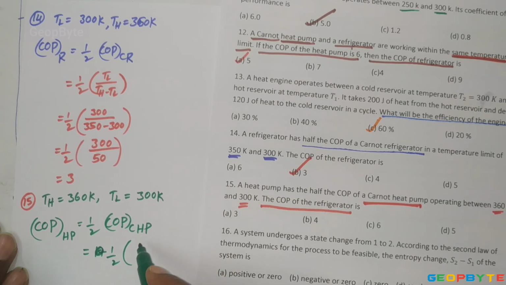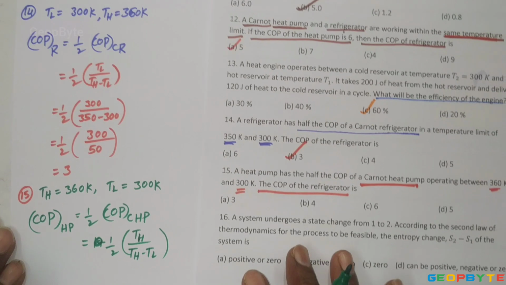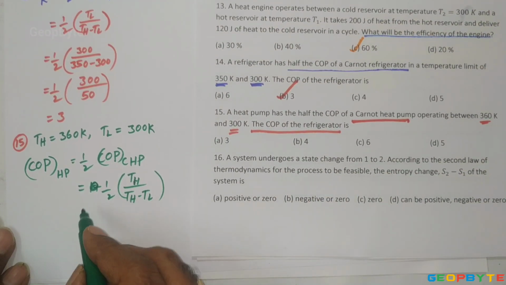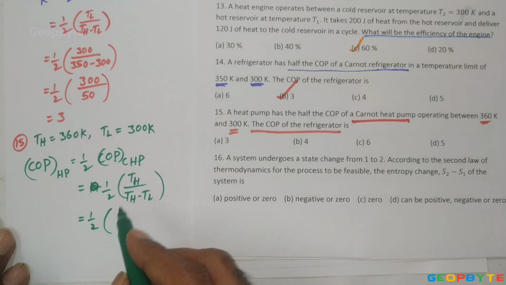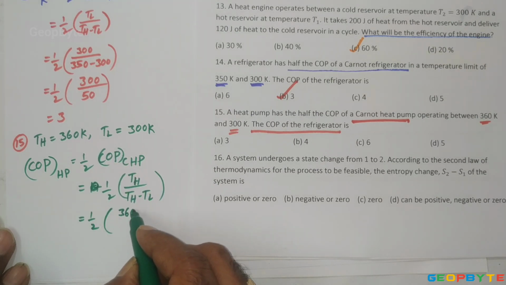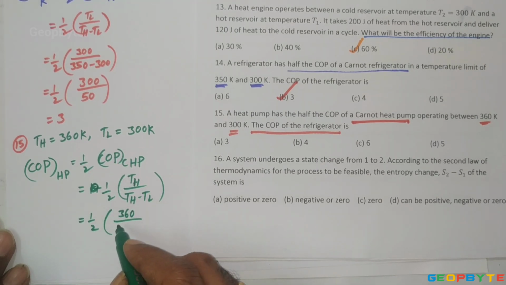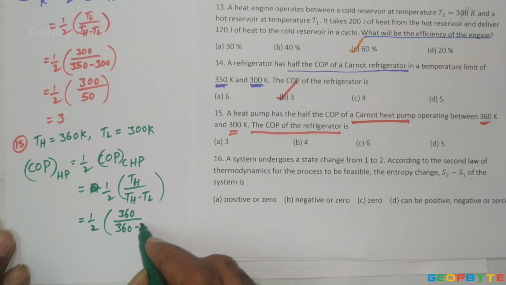COP of the Carnot heat pump is highest temperature by highest temperature minus lowest temperature. It is equal to half into highest absolute temperature is 360 by 360 minus 300.